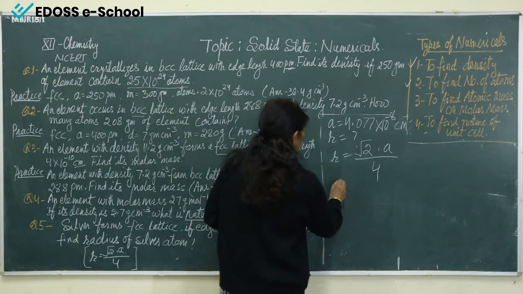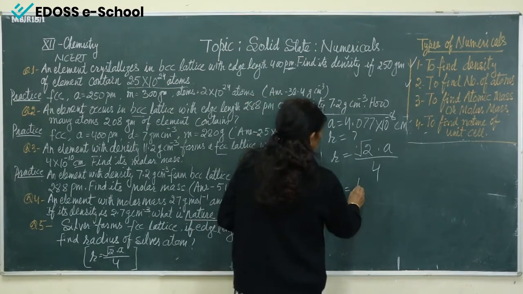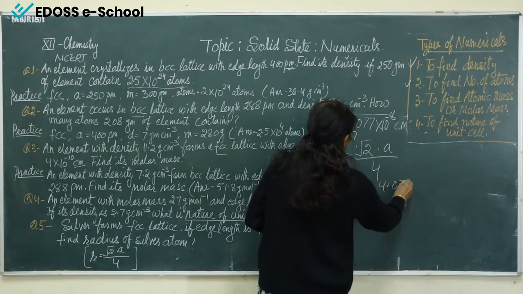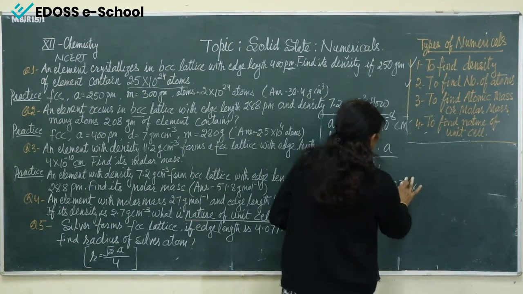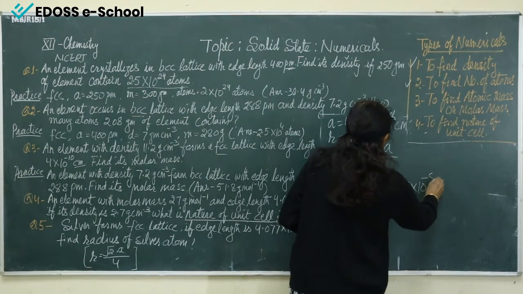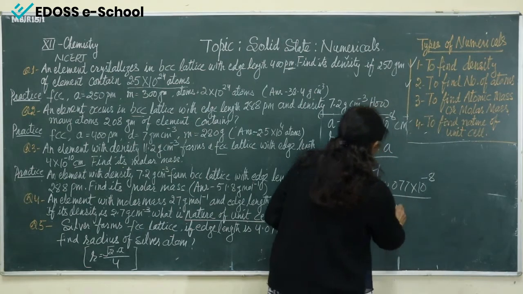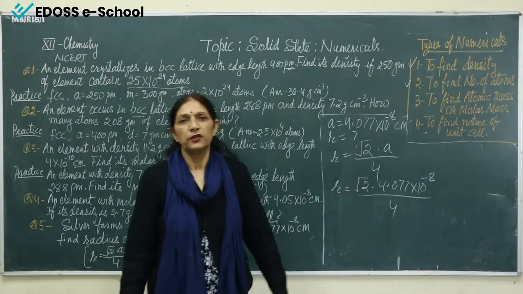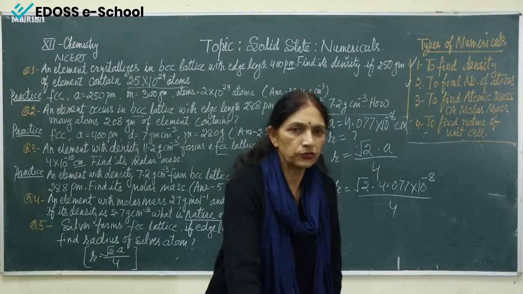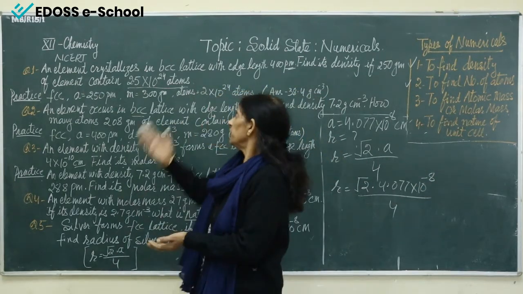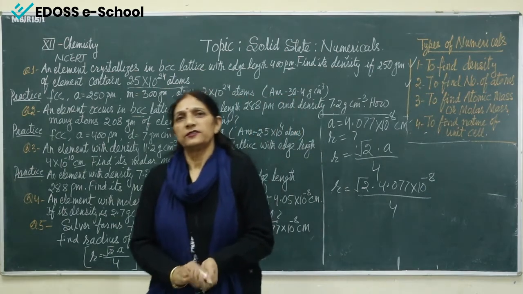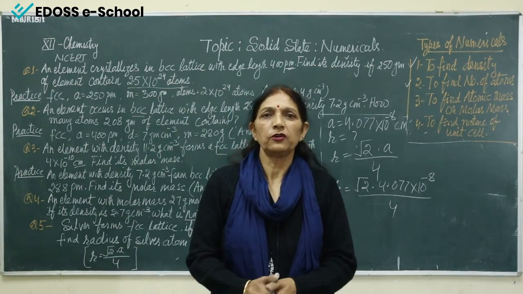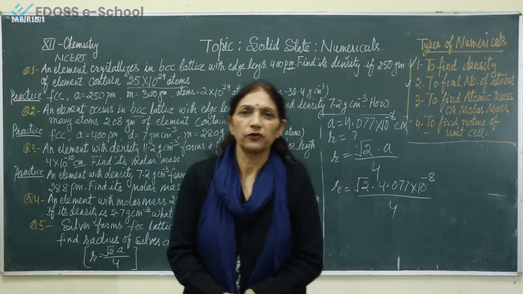You can write the value, R is equal to root 2 multiplied by 4.077 into 10 raised to power minus 8 upon 4. Root 2, you know the value of root 2, and in this way you can do the question. So this is all about your numericals. Now I think that it's very easy for you to do all different types of numericals of solid state. Thank you.